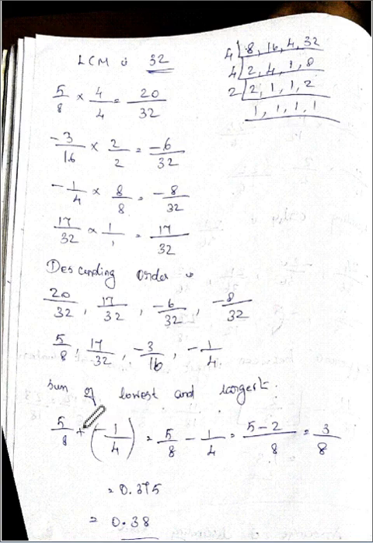Then we need to find the sum of the lowest and largest. Here the lowest is minus 1 by 4 and the largest is 5 by 8. So we'll get 3 by 8. We need to write it with two decimal points, so 0.375. Here we are getting 5, so the 7 is rounded up to 0.38.